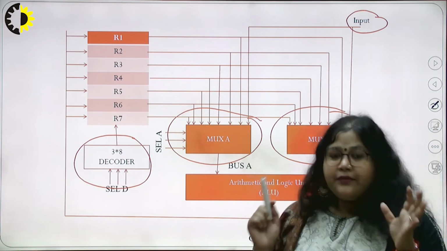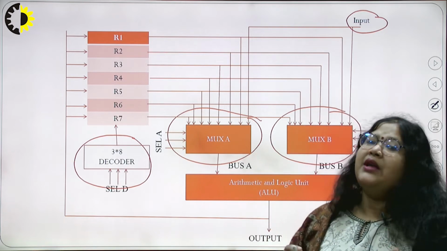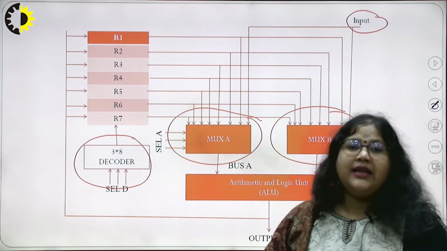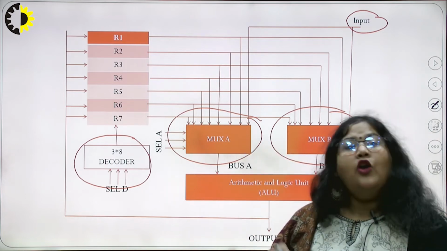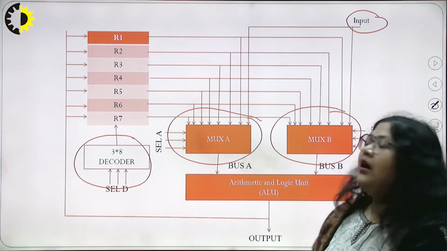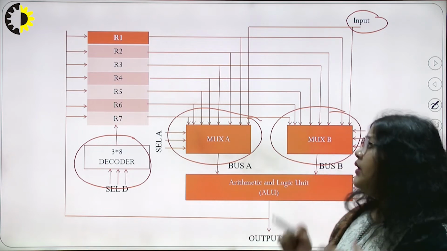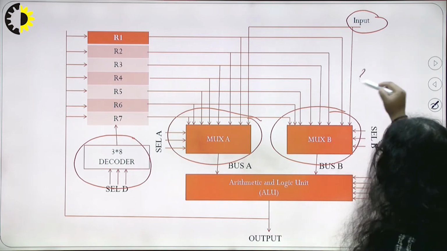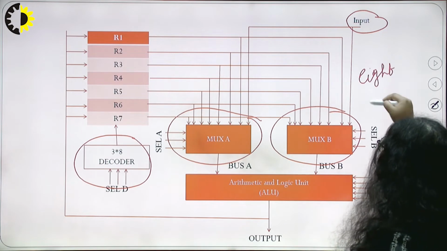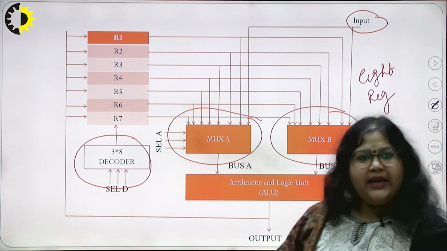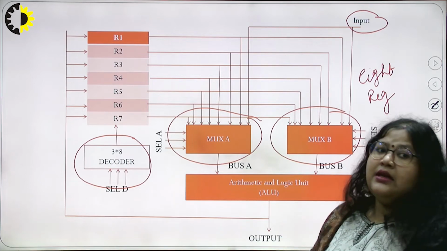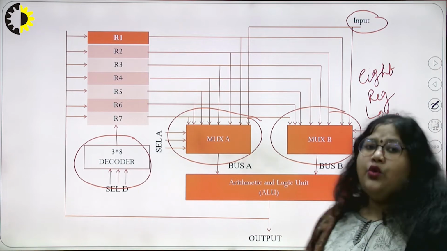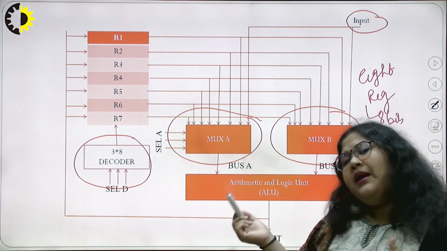First you have to know about the common bus system using the multiplexer, to find out the size of the mux in this diagram and how many muxes we have to use for designing it. If we have 8 registers, and each register contains 8 bits, then by the common bus system, how many muxes are there?